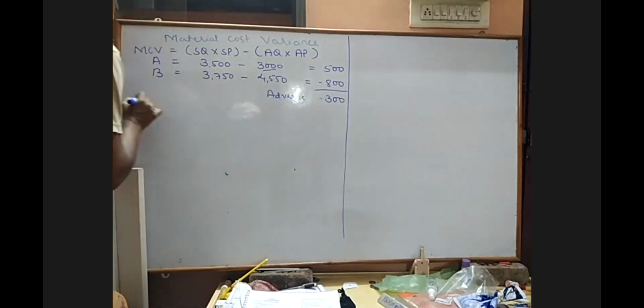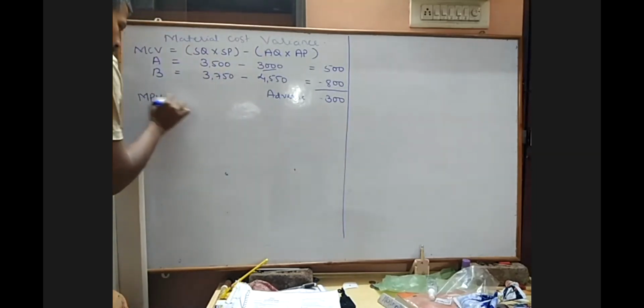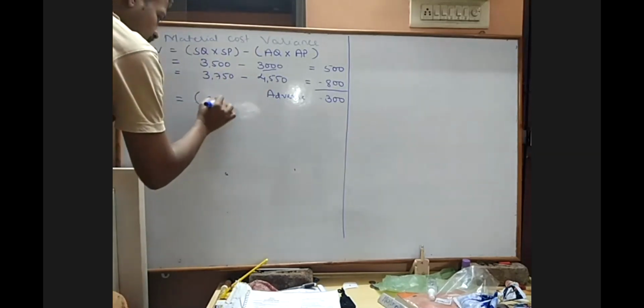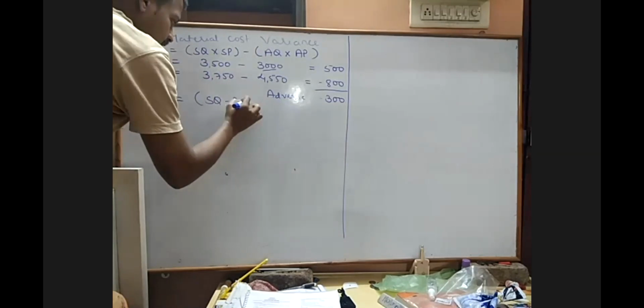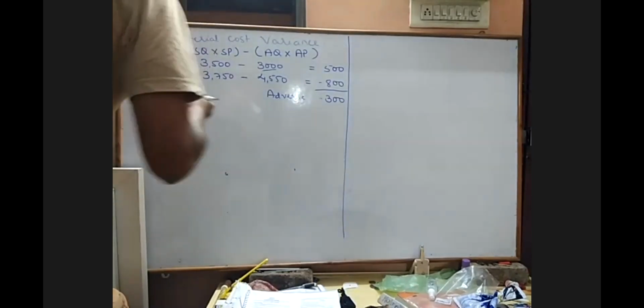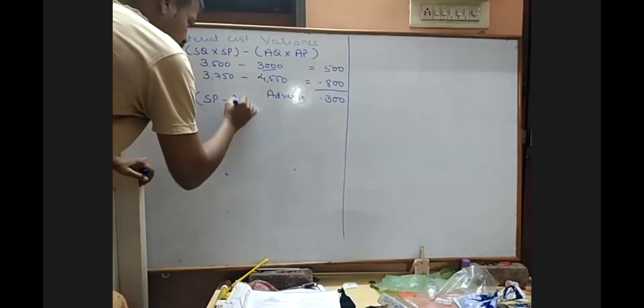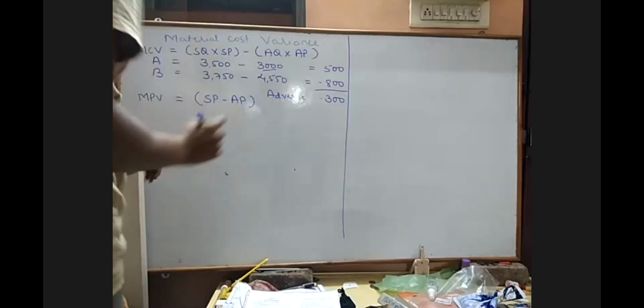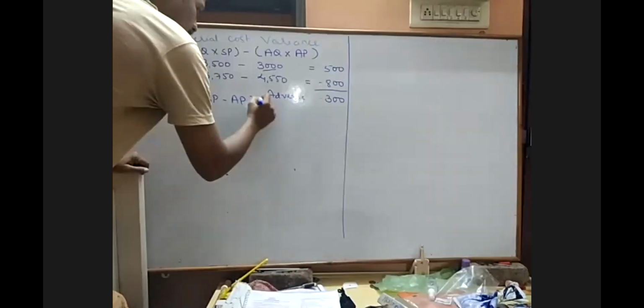The next is material price variance. Can somebody give the formula for material price variance? It is standard price minus actual price into actual quantity.